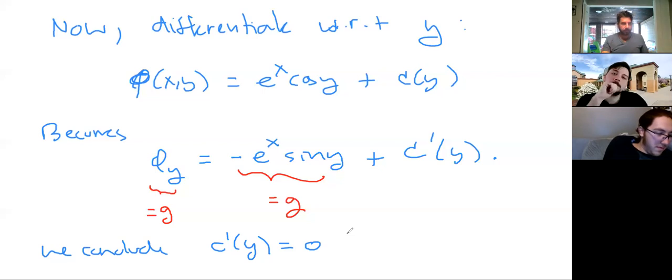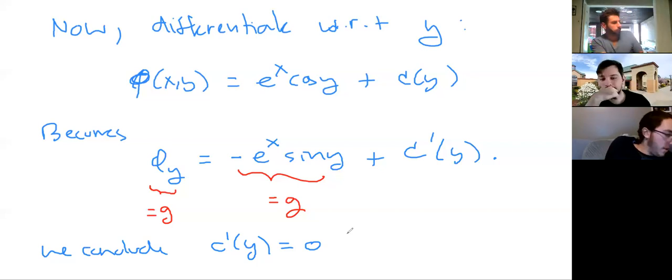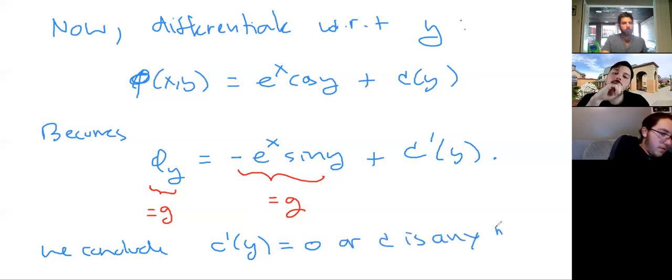So in fact, C is just a number. Turns out it wasn't dependent on y. It was just a number, if anything.